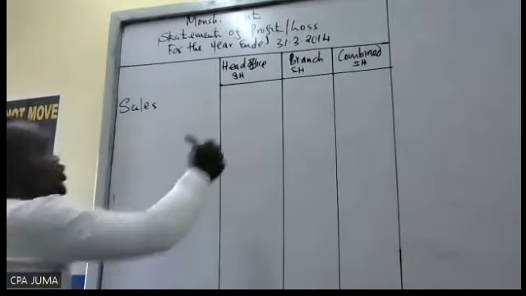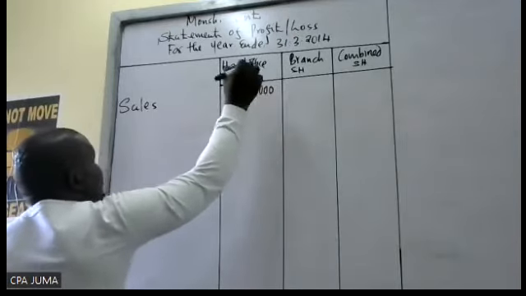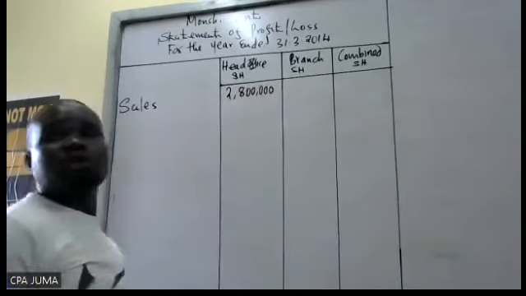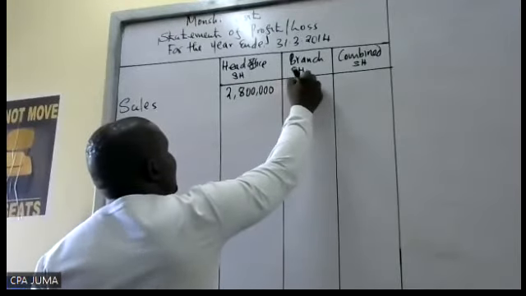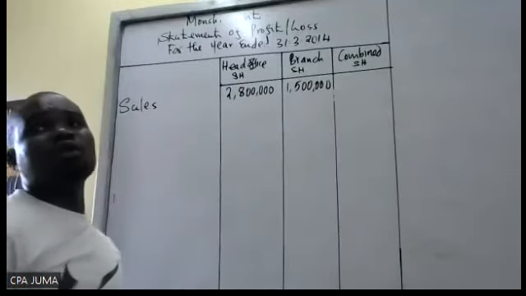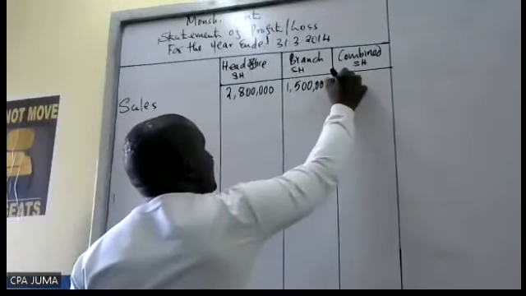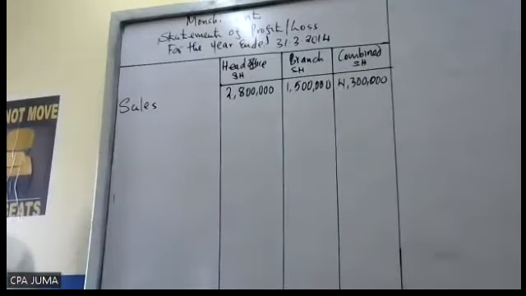For sales, 2.8. I hope everyone sees that. Branch, 1.5. Combined, you add: 4.3. Thank you. Have that.